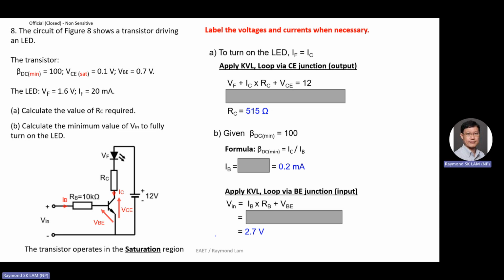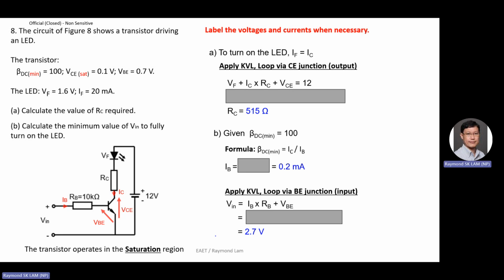The third region is called the saturation region. In the saturation region, V in is even higher, for example in this case 2.7 volt. When you have a much higher current flowing through the transistor, VCE will go low to 0.1 volt.